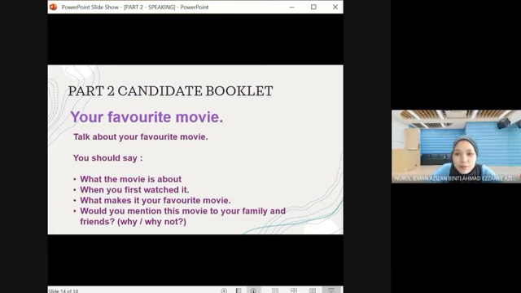My favorite movie is Ada Apa Dengan Cinta, which is an Indonesian movie. It is a romance movie. Even though it is romance, it still has some important elements like how important friendship is, and I really admire the platonic friendship love that they have. I also like how they say that Bahasa Indonesia is the most important treasure that they have in the country.